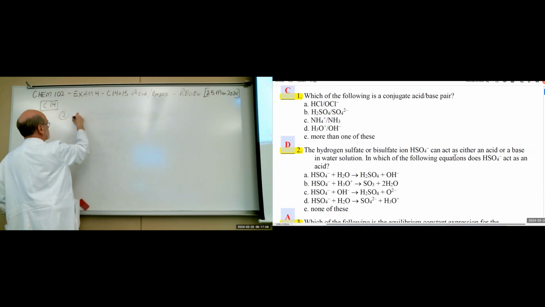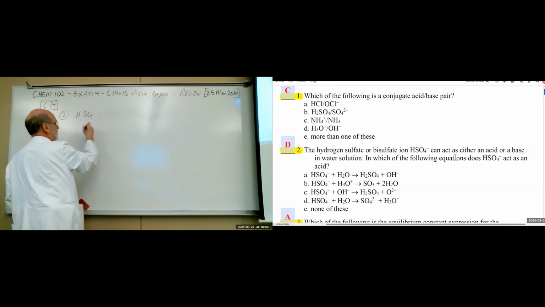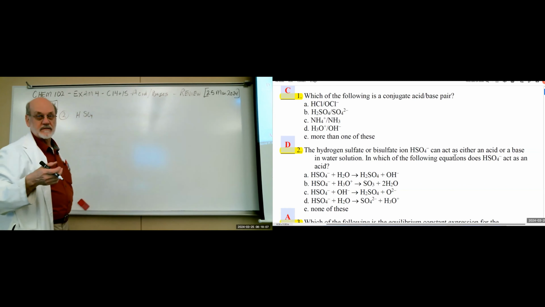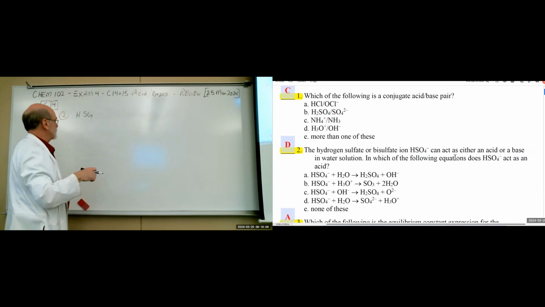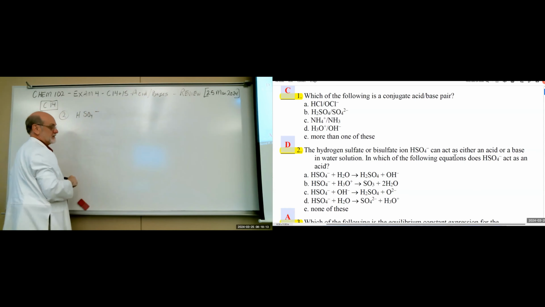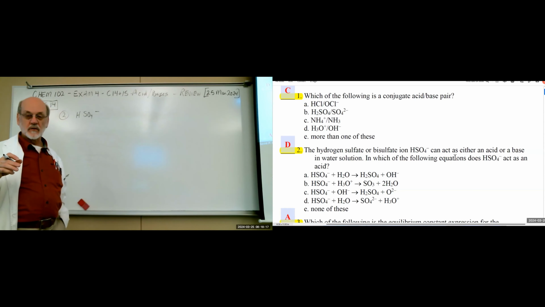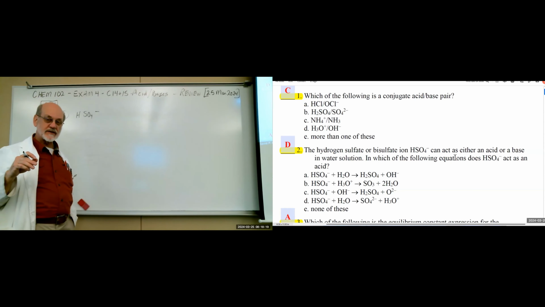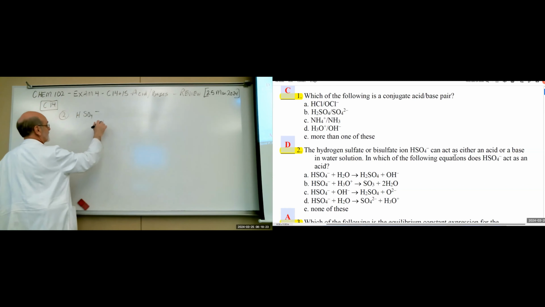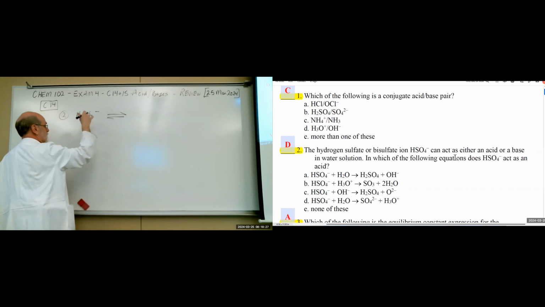Hydrogen sulfate is also called the bisulfate, an older trivial name, the hydrogen bisulfate ion. It can act as either an acid or base in water. Which of the following equations does HSO4 act as an acid? If it's going to act as an acid, I'm going to use a simplified version here. We're just going to dissociate a proton.